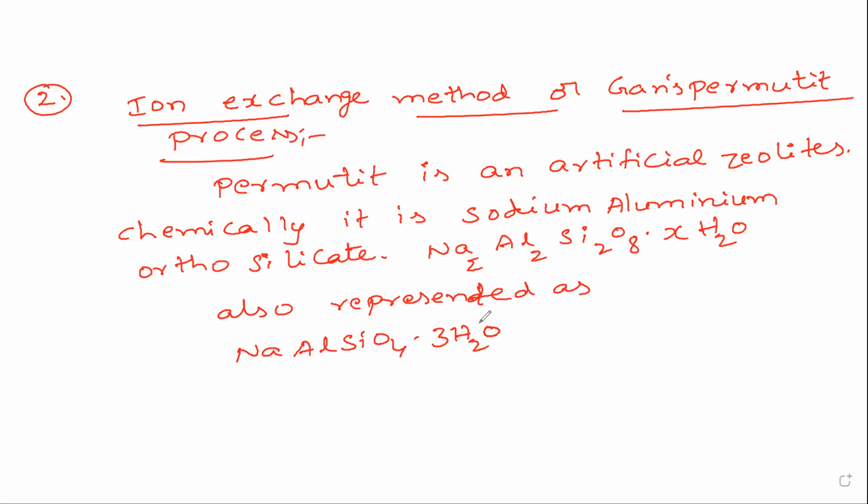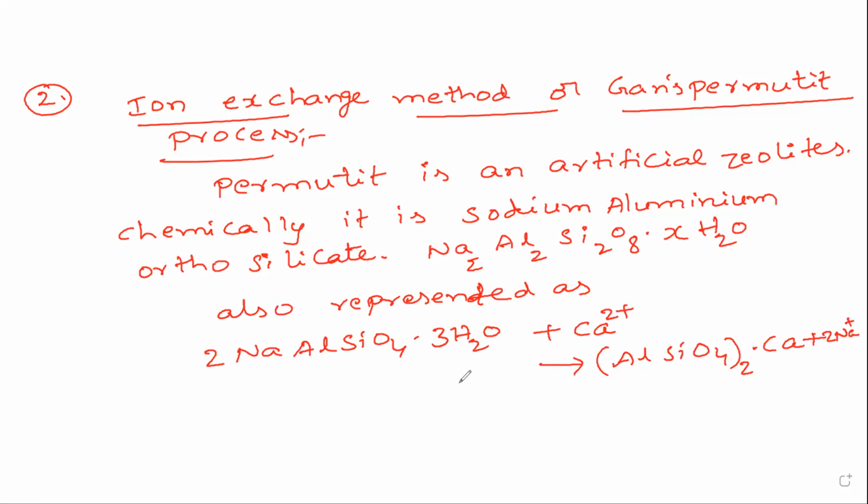This is called permutit dot 3H2O. This combines with calcium ions and forms (AlSiO4) taken twice dot calcium, plus 2 moles of sodium ions.